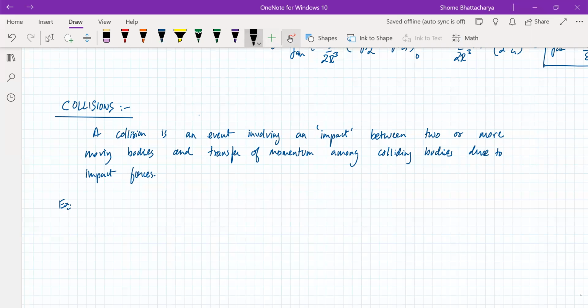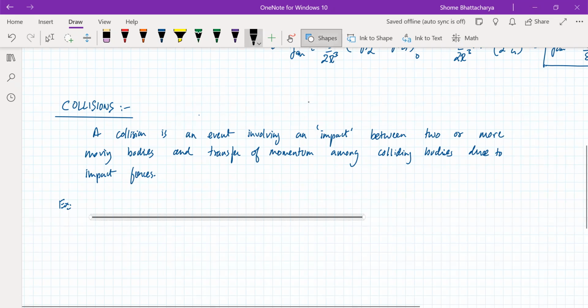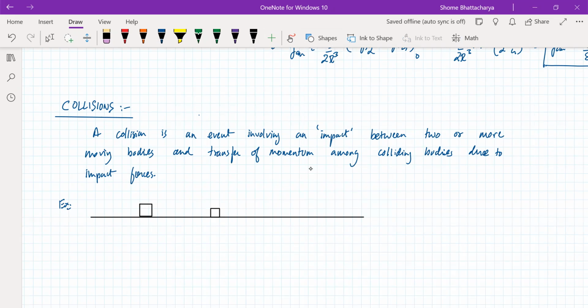For example, if we have a situation like this, on a smooth horizontal surface, let's say we have two blocks that are moving in such a way that they're moving along the same line, and they're moving along a path that eventually they're going to come in contact.